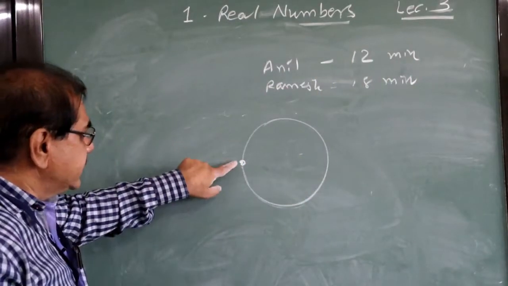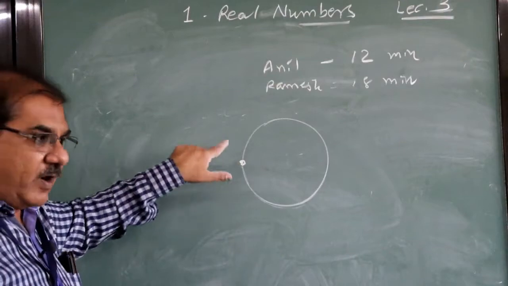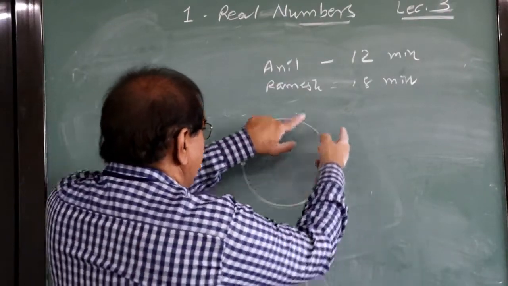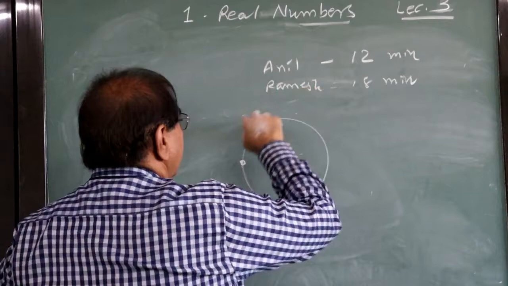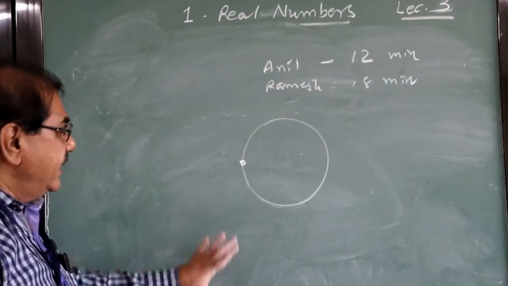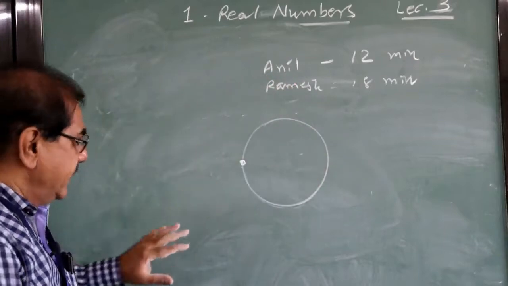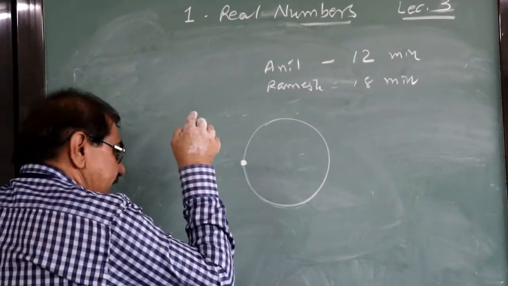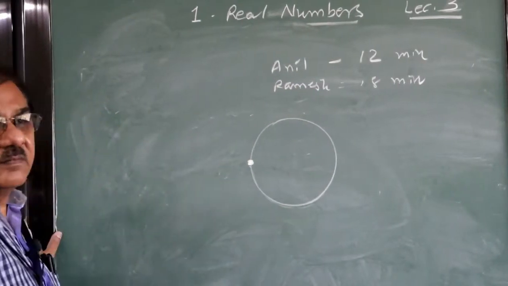Okay? Both start at the same time from the same place, but their speeds are different. One completes the circular round in 12 minutes, the second completes the circular round in 18 minutes. Then after how many minutes will they be at the same place at the origin again?